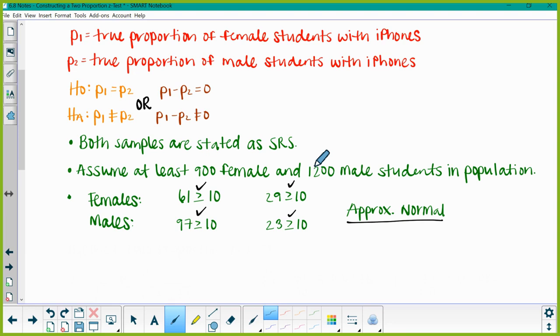So if you do happen to have one fail, typically we make note of it. You can say fails, proceed with caution, or you can just write does not satisfy. And then in the conclusion, you would state something along the lines of, however, the 10% condition failed, therefore results may be inaccurate. Do not just stop if the condition is not met. Generally, not the right move.